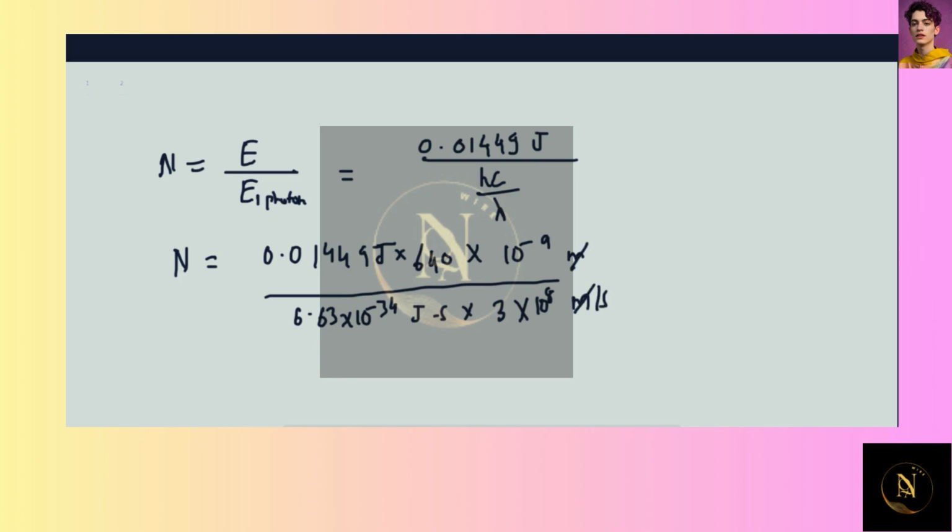So meter cancels, second cancels, and joules cancel. So we have a dimensionless quantity, which it should be, since it's just a number. So the number of photons are 4.7 times 10 to the power 16 photons in that pulse.